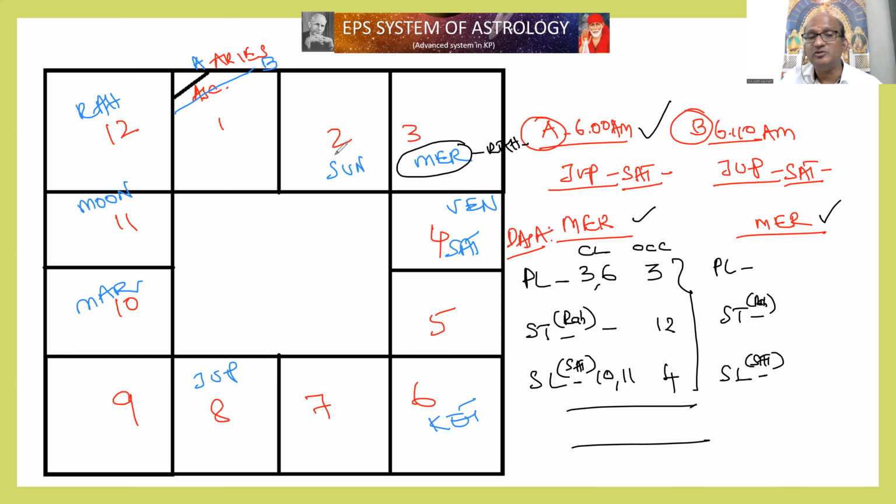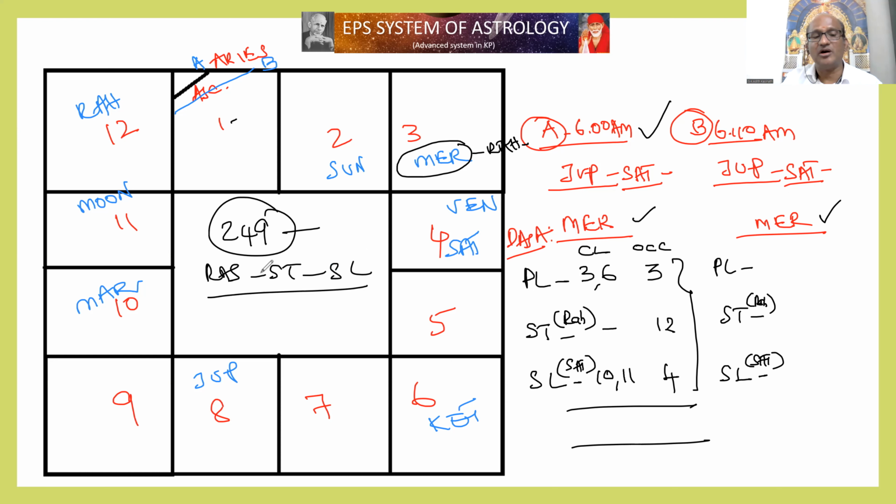When the cusps are moving, their Rasi Lord will remain the same. The Lagna Rasi Lord will remain the same. The nakshatra in which the Lagna is falling can also be the same, though sometimes that will vary. And the Lagna cuspal sublord, because you know there are 249 sensitive points in 360 degrees, that is one Rasi Lord, one star Lord and sublord.